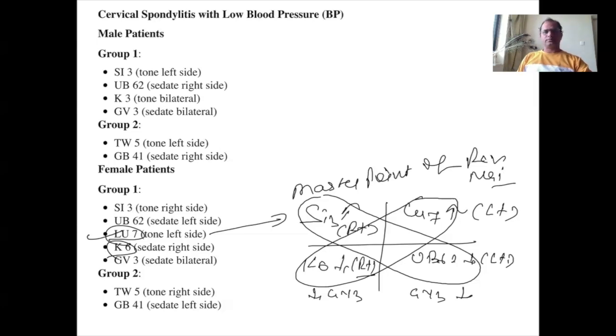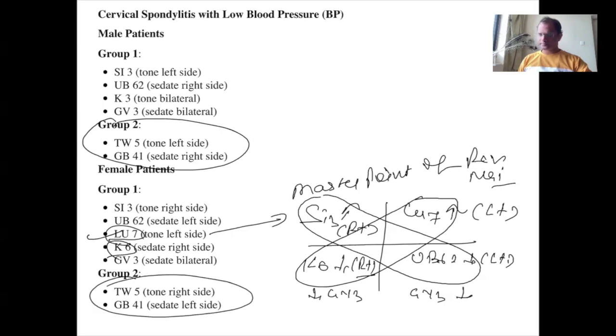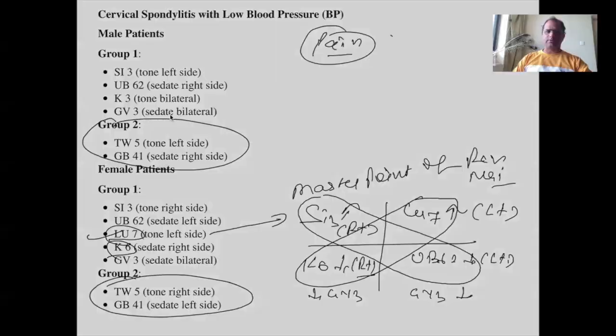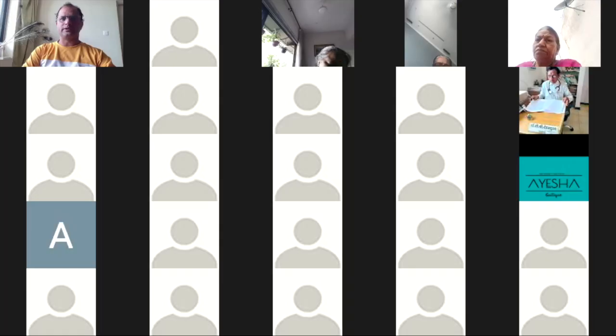Now we are thinking for group 2. अब हम group 2 की बात करते हैं. Group 2. Sometimes pain is not exactly on the back side. कभी कभी पेन हमारा थोड़ा साइड में होगा, neck pain.